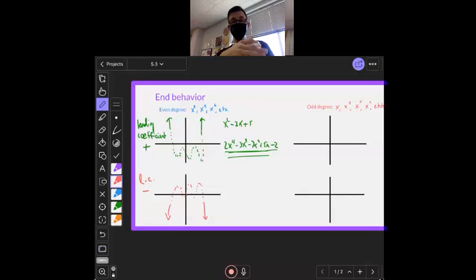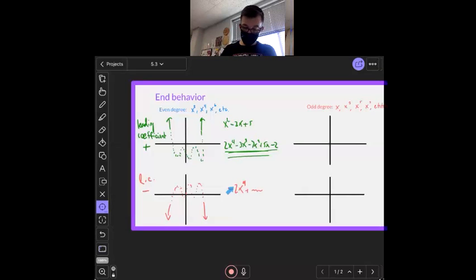Well, they're both up or they're both down. You should be able to figure out the up or down part very easily. If it's negative 2x to the fourth plus blah, blah, blah, the rest of it doesn't matter. All I care about is that this is negative and that's a 4. Negative and even. The rest does not matter. These will point down.